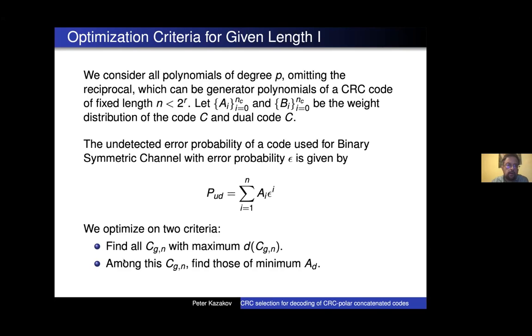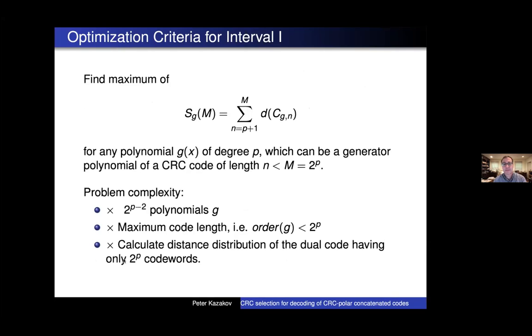However, normally we are not looking for an optimal polynomial for a certain length. When we are looking for an optimal solution for a certain interval, we can optimize on the maximum SG.